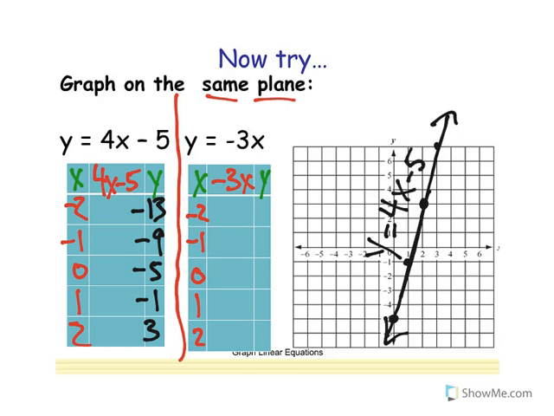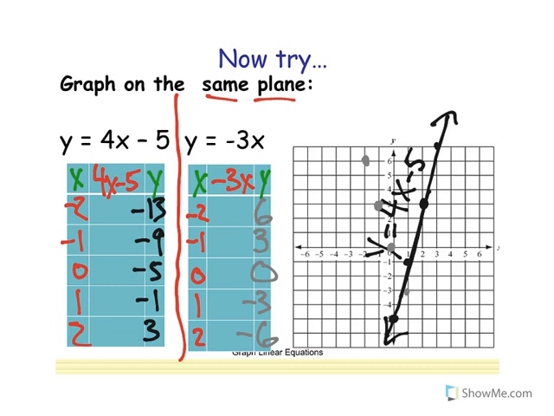All right, let me try to do the same thing with my second one. So this should be easy. I'm just multiplying by negative 3. Negative 3 times negative 2 is positive 6. Negative 3 times negative 1 is positive 3, and then 0, and then negative 3, and then negative 6. So negative 2, 6 is up here. Negative 1, 3 is here. I've got the origin.